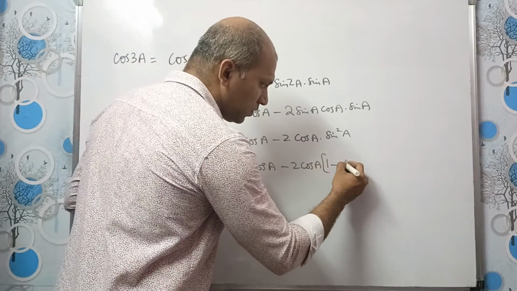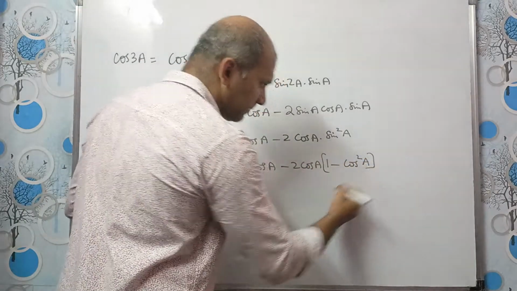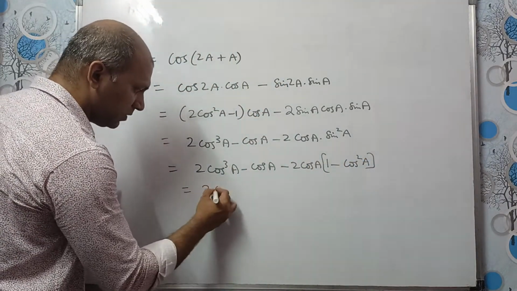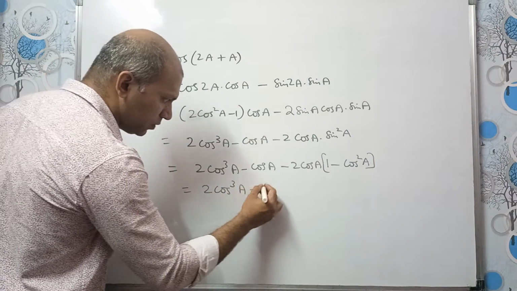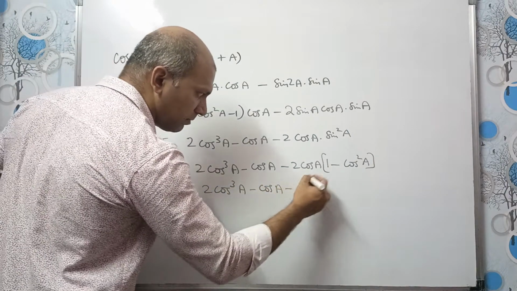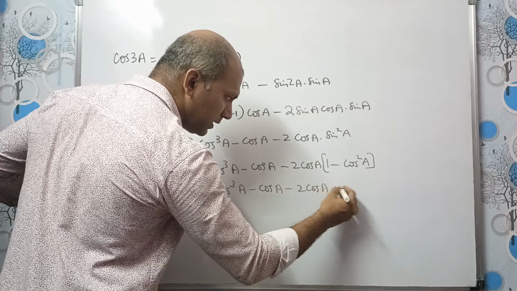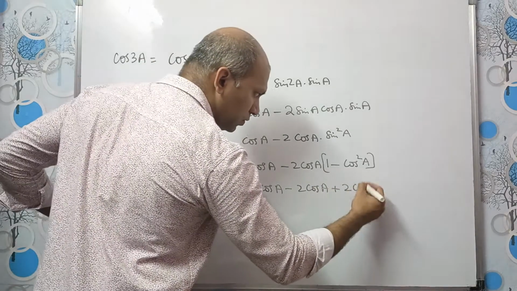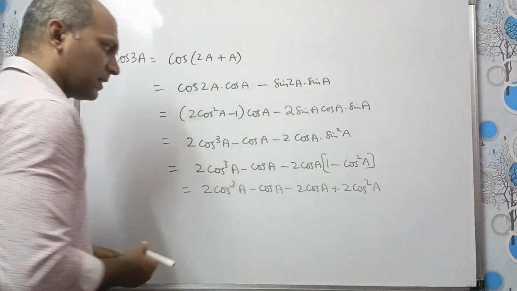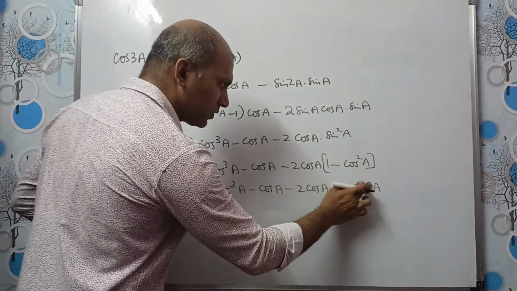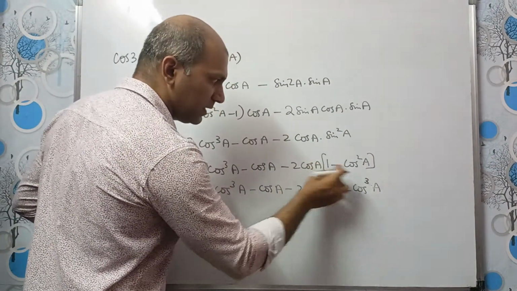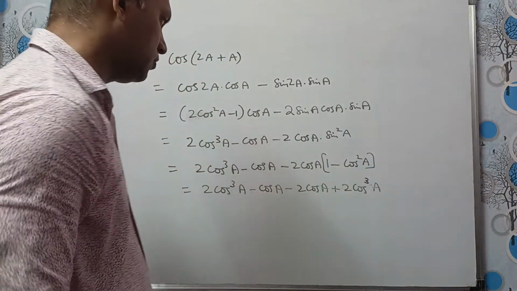We can write sin square A as 1 minus cos square A. So what will this be now? 2 cos cube A minus cos A minus 2 cos A plus 2 cos square A times cos A. Cos A multiplied by cos square is cos cube, right?